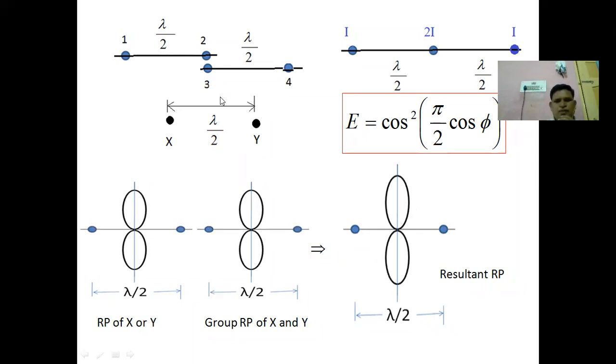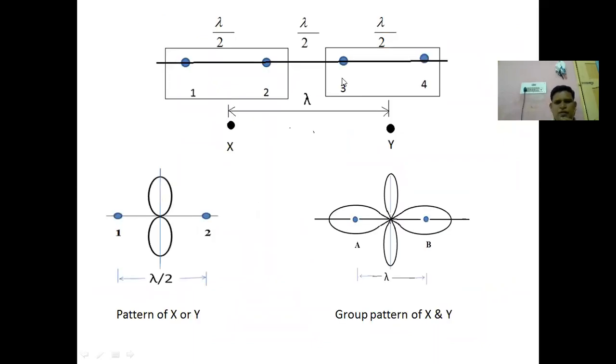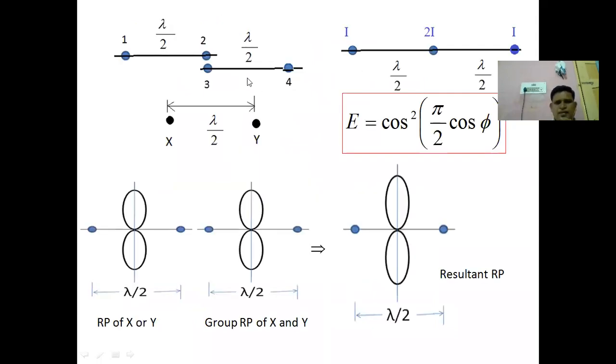If you want to write the resultant electric field intensity formula for this type of array, we get E is equal to cos square pi by 2 cos square. Please try to evaluate this equation. We already know how to evaluate the equation for this type of array. Now the array is like this. Please try to solve the equation and find out whether this equation is correct or not.